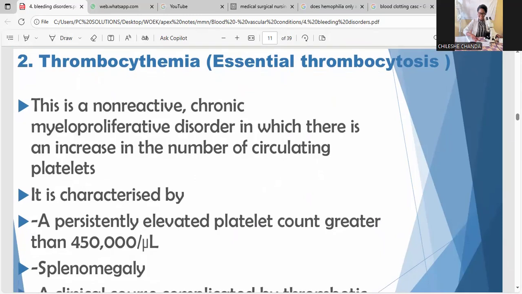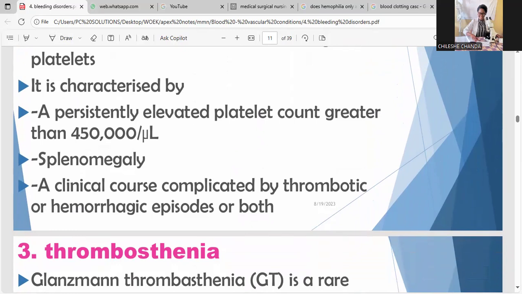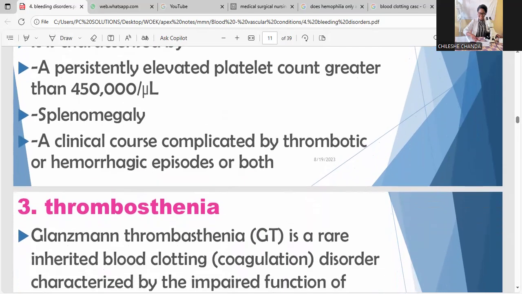This is where the platelets are now in persistent increase. They are high. The number is greater than 450,000 micrograms per liter. The clinical course can be complicated by thrombotic or hemorrhagic episodes.